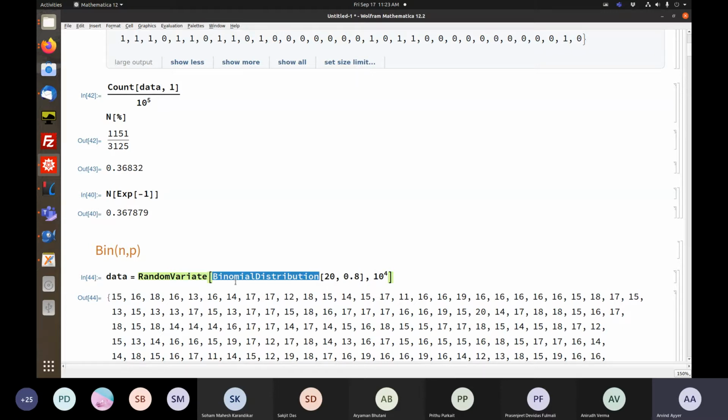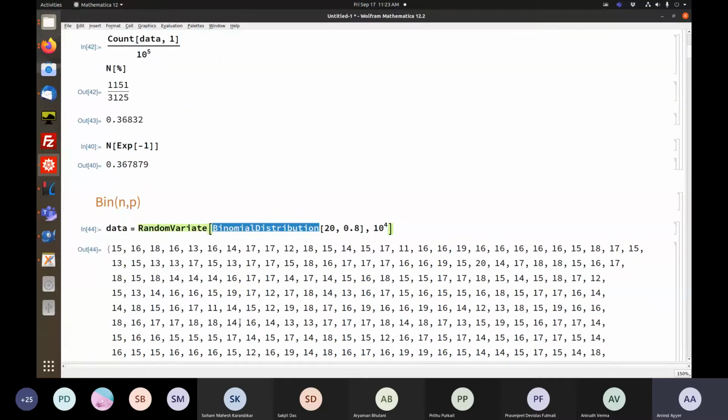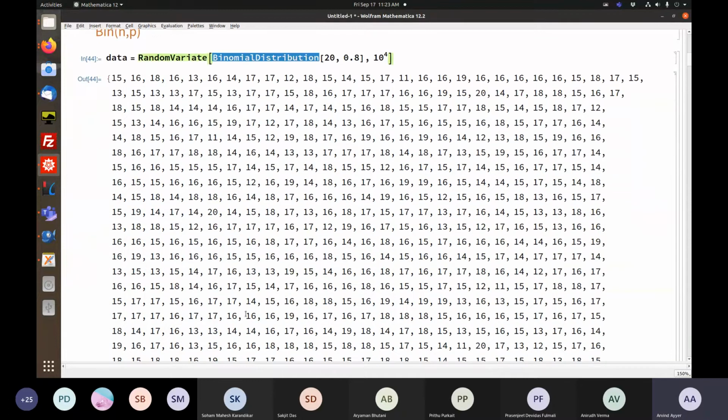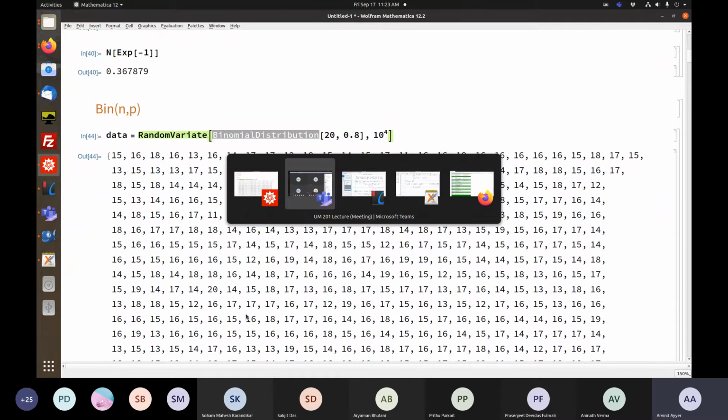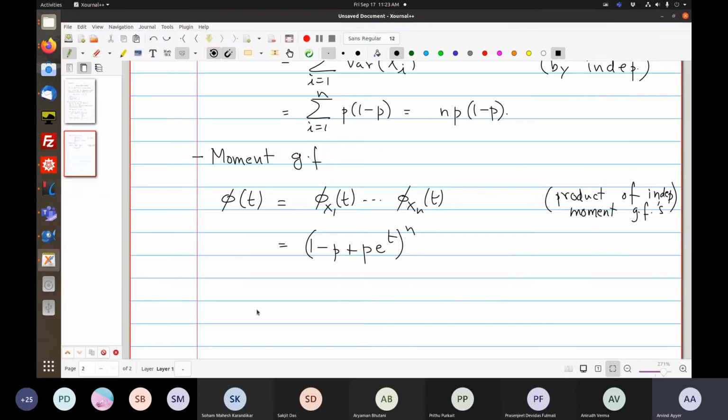So don't think that you are going to toss so many coins with this heads probability. This is just an important random variable, an important distribution. Okay. Any questions? Okay, I will share all this with you later.